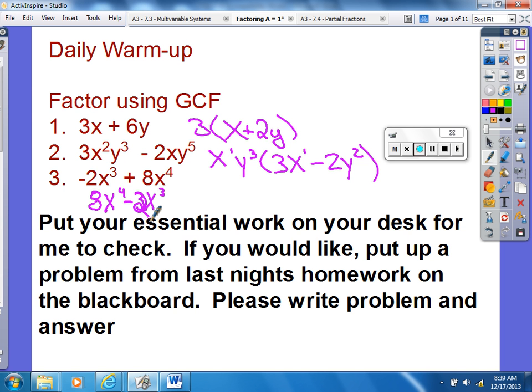All right. What number goes into 8 and 2? 2. Is there an x in both? What is the smallest exponent on the x? 2 times what is 8?